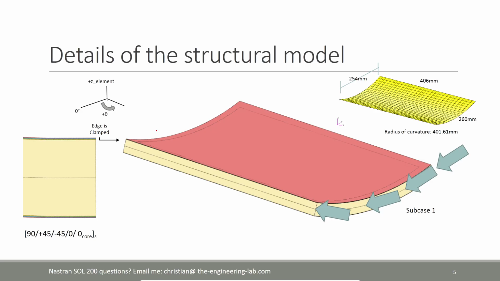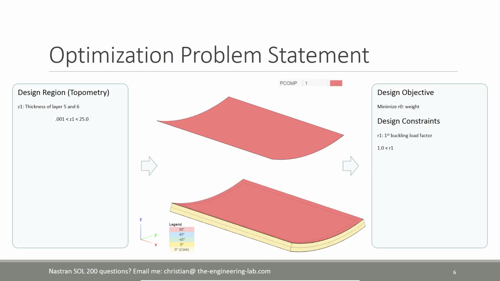Now, we're still dealing with the same analysis model, fixed on one edge, and then we have a load on the other edge. Now let's talk about the problem statement. As always, please take a few moments to write out what your problem statement is. It does not have to be exact at the beginning. It could be a very rough draft.